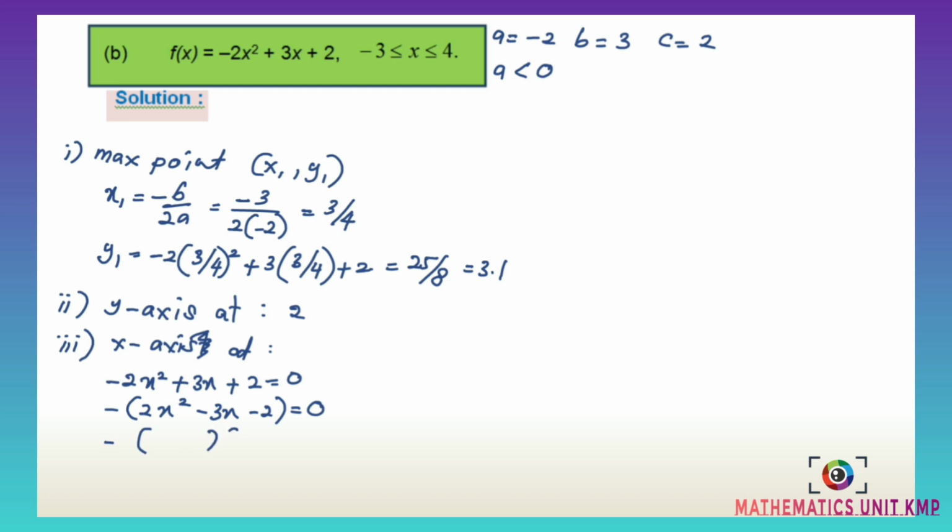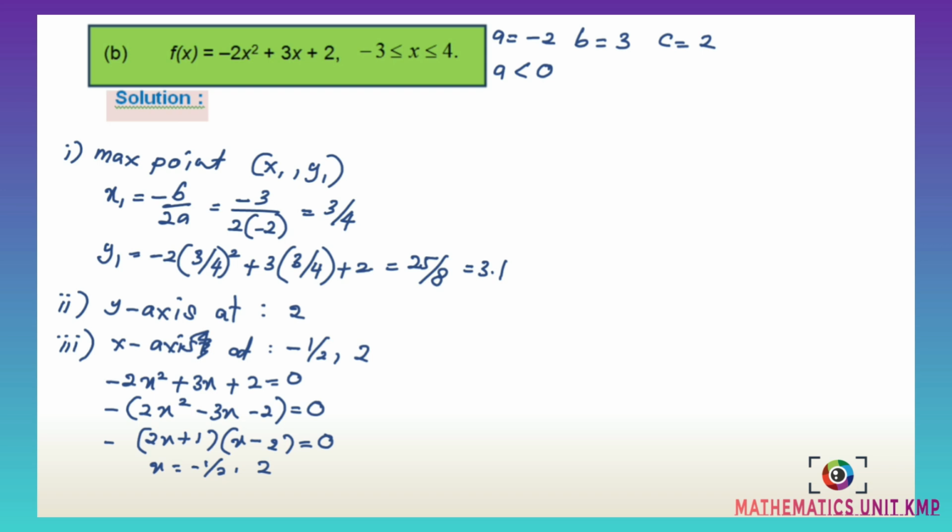We factorize the quadratic: 2x times x, 1 times 2, plus 1 and minus 2. The value of x is negative 1 over 2 and 2. That means the x-intercepts are at negative 1 over 2 and 2.